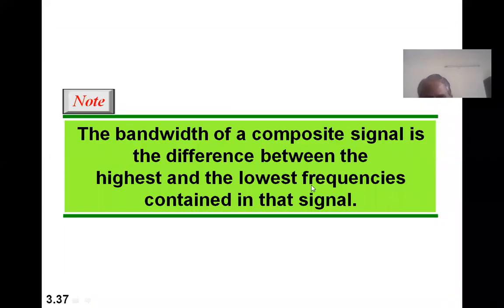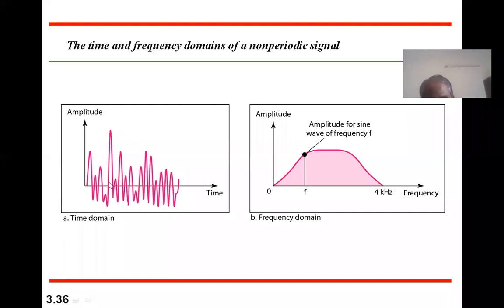The bandwidth of a composite signal is the difference between the highest and the lowest frequencies contained in that signal. So the bandwidth of this signal is determined by the lowest frequency and the highest frequency. Between these two, we call it the bandwidth of that signal in the frequency domain.